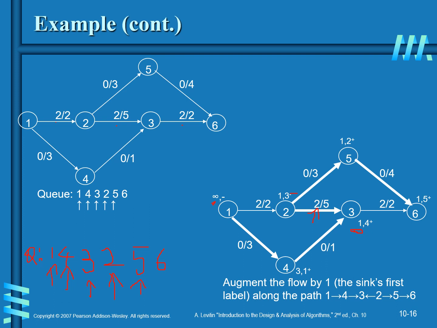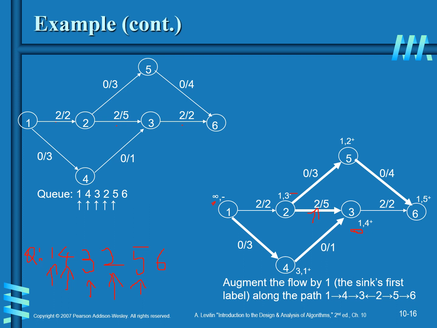You traverse backward by looking at the second label, starting from the sink. What is its second label? 5. So you come over here, to 5. Since it is a forward edge, you have to increase the current flow by 1.